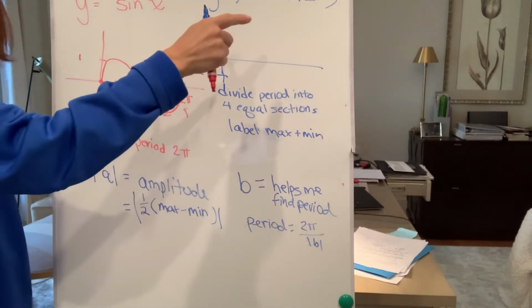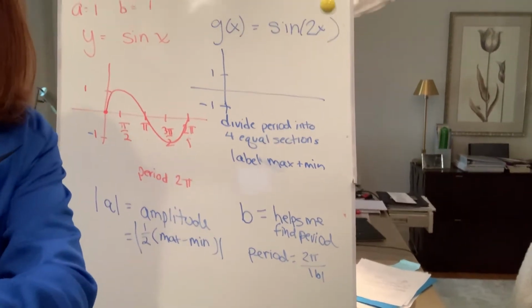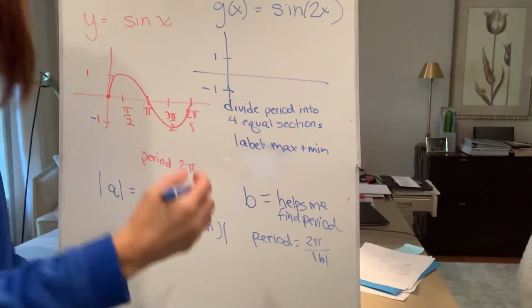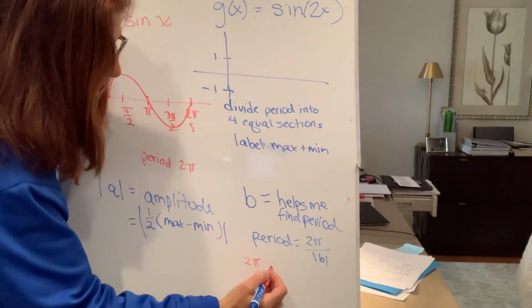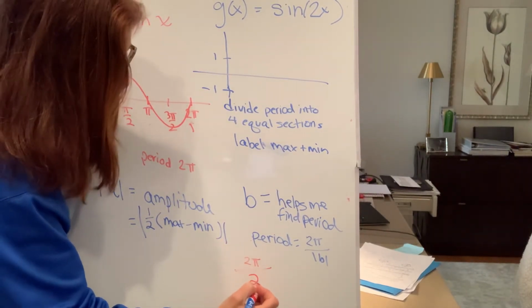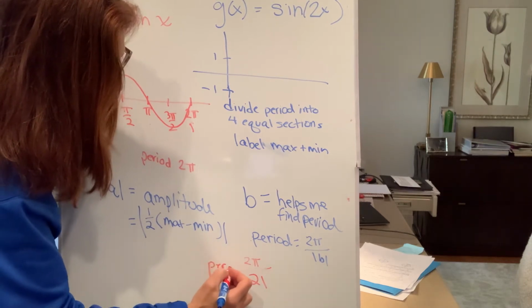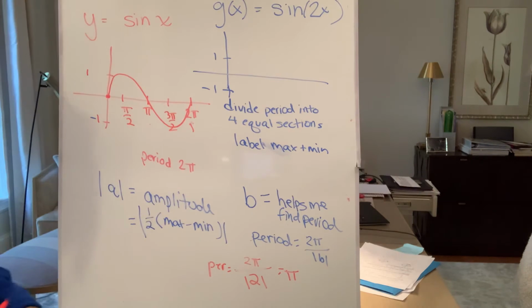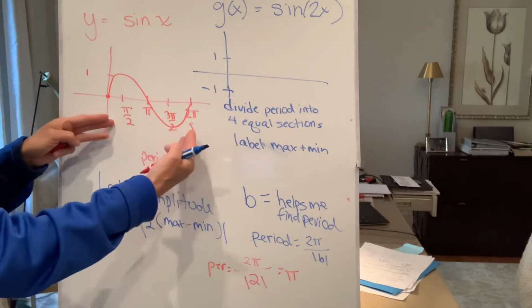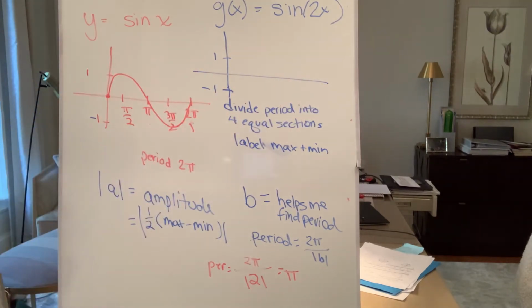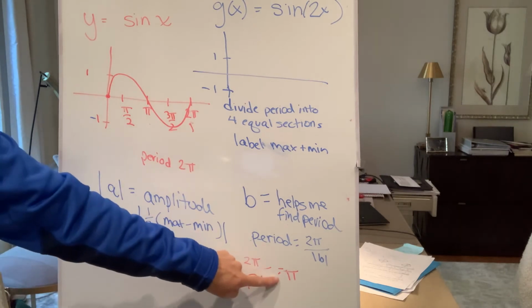So in this case, when we're doing the sine of 2x, we are going to do 2 pi over the absolute value of 2, and that would be my period. So that comes out to be pi. One way of thinking of it is shrinking our graph by a factor of 1/2. Our period before was 2 pi, and now we're squishing it in, and we're going to do the whole loop in just a pi amount of length.